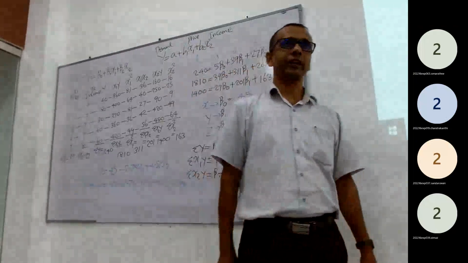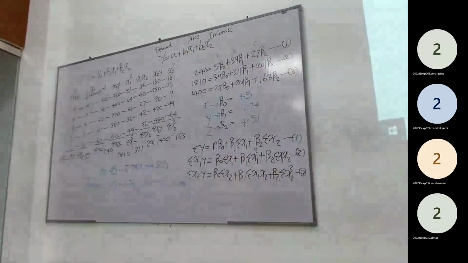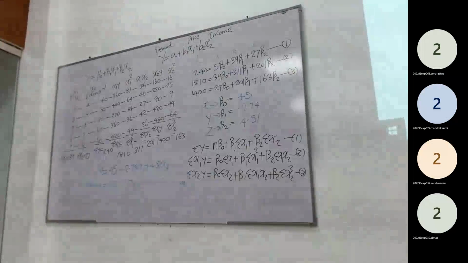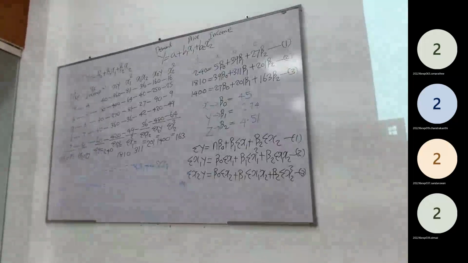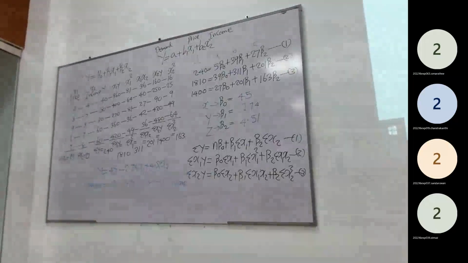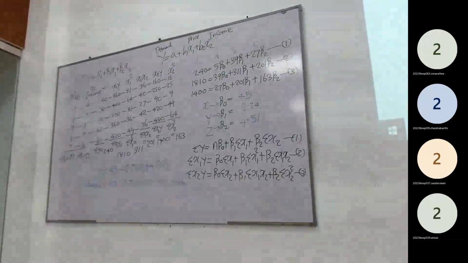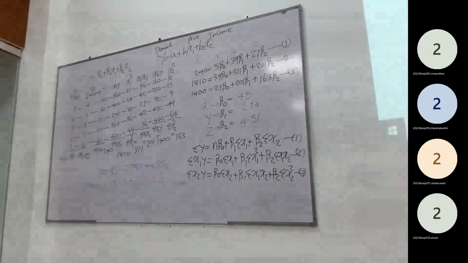Now we write the interpretation like this. According to the model, the constant term is 45.